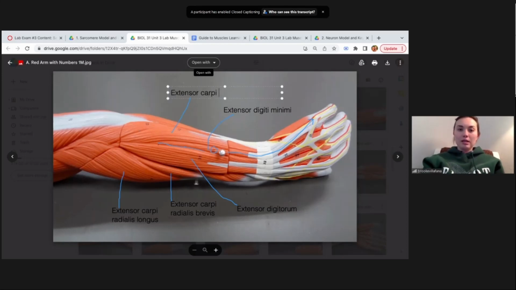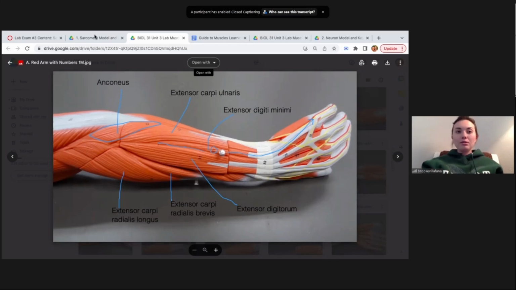So this is the extensor carpi ulnaris. And then this one right here by the elbow is my favorite muscle. It's called anconeus. I kind of remember it because it's by your elbow, and your elbow is a cone, and it sounds like cone, right? Anconeus by your cone-like elbow, okay?